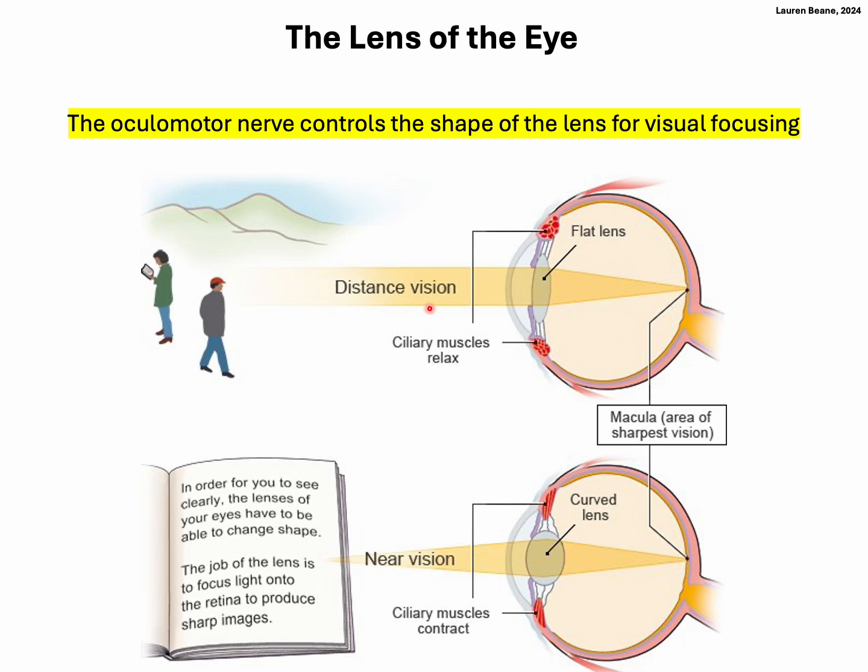When we're looking at things that are further away, 20 feet and beyond, distant vision, the lens is more flat and thin, versus when we're looking at something close up, like when we're reading, the lens is thicker, it's fatter, has more of a curve to it. So the lens has to change shape or accommodate for that near vision. And the manipulation of the lens is due to control by the oculomotor nerve.